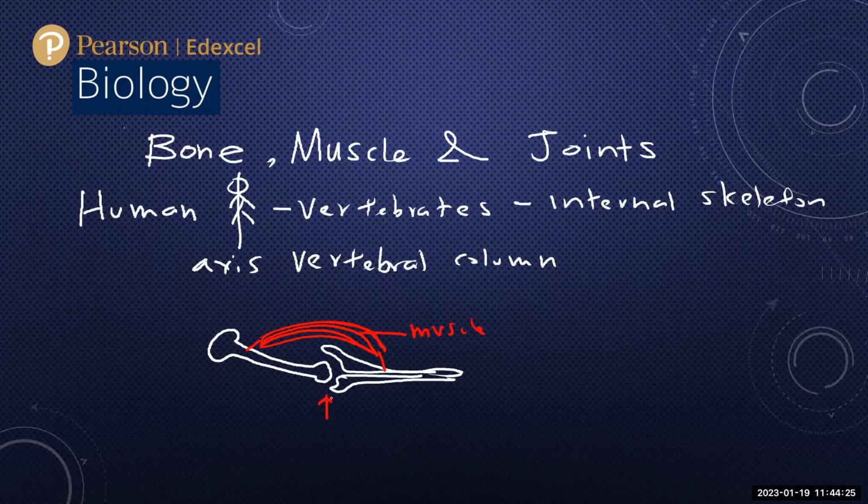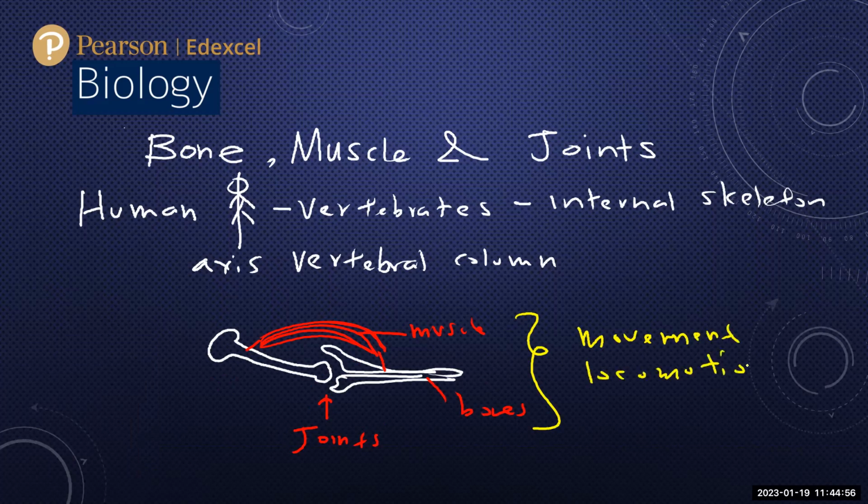And here, the meeting point of two bones is called a joint. So basically, the bones make the internal skeleton, and this is very helpful for one of the main functions, movement or locomotion.